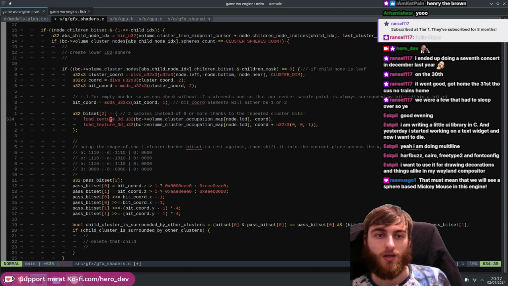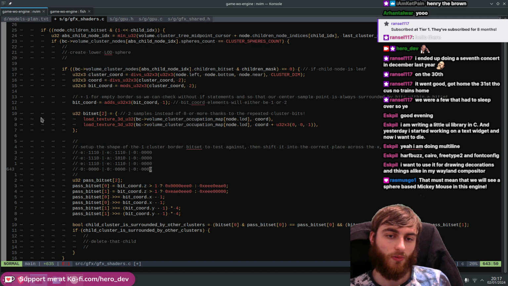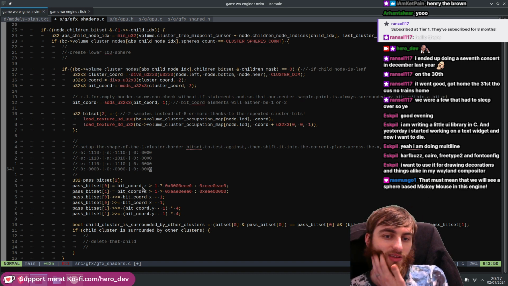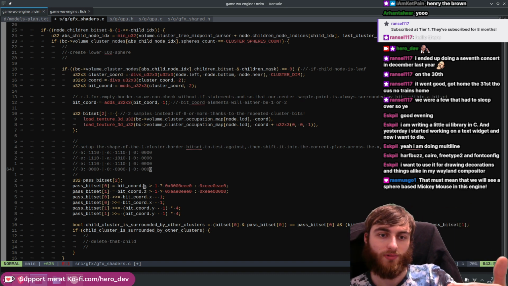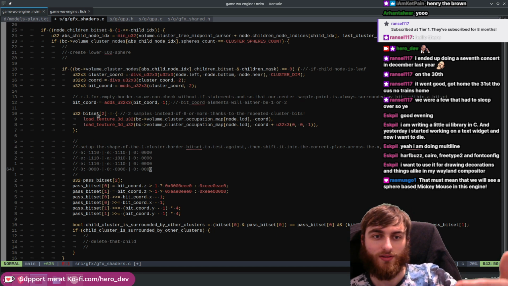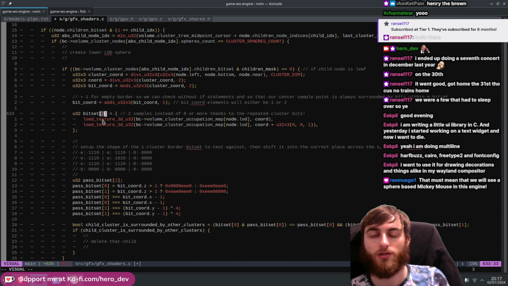These are 16 bits, and there's 4 of them. So effectively, we say, if z is greater than 1, then we need 0, 0, 0, 0, then E0. What that's saying is that our center sample point is inside the bit set index 1, the last one.